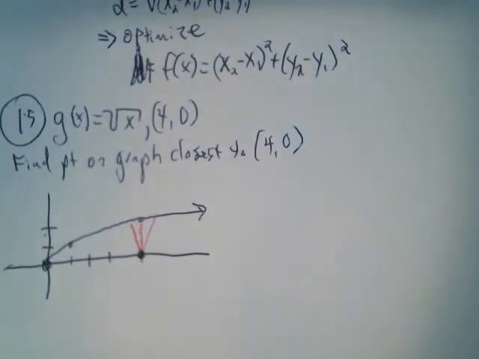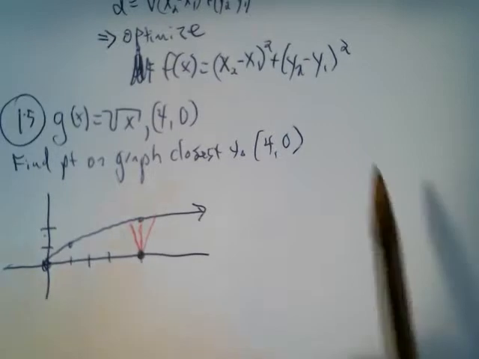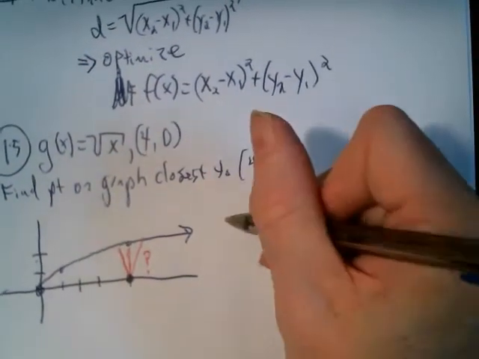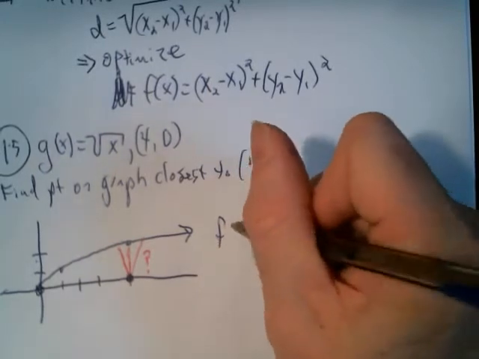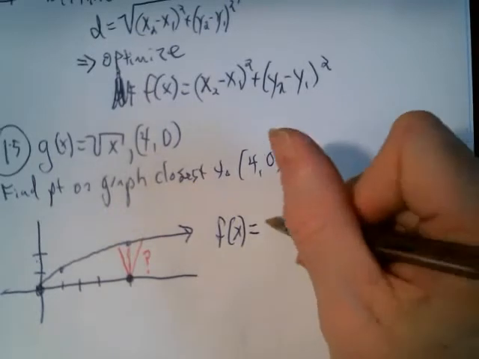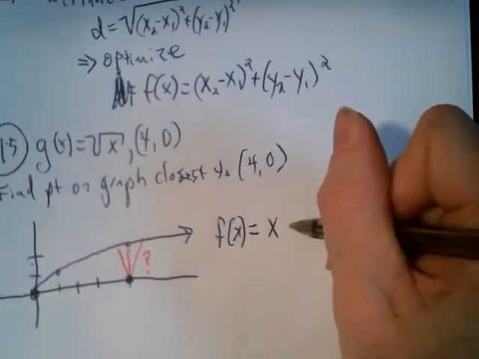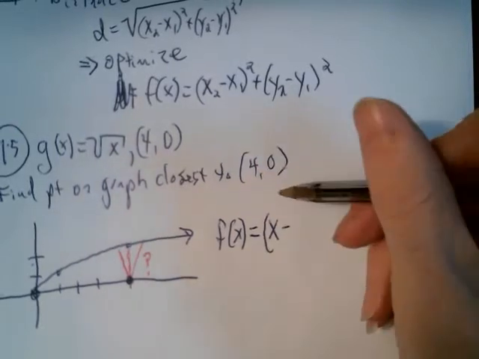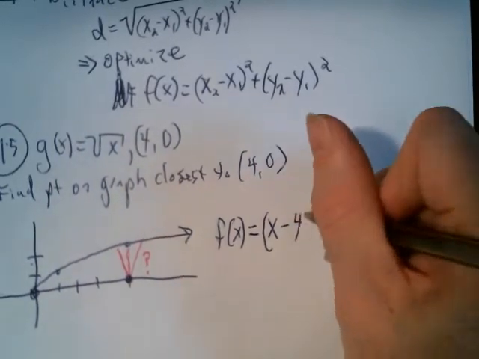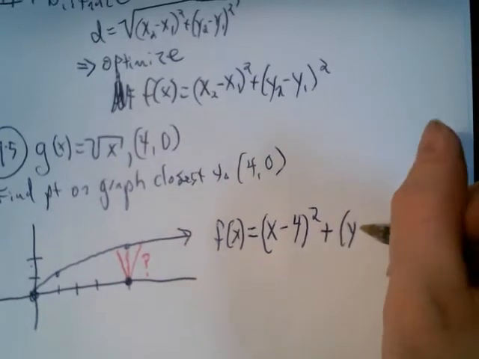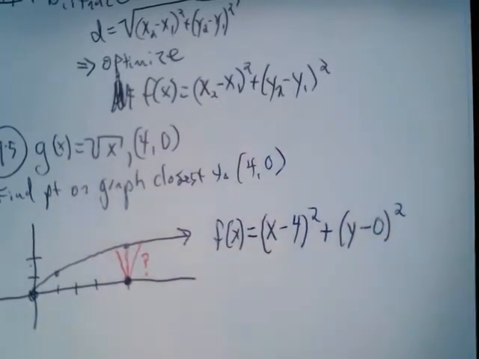Okay, so I go to my distance formula that I'm trying to optimize. So f of x, we'll say, is x minus, and we're going to plug in this point. Okay, so x minus 4 squared plus y minus 0 squared.